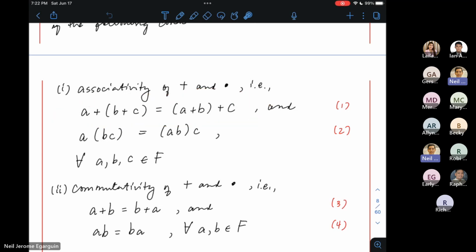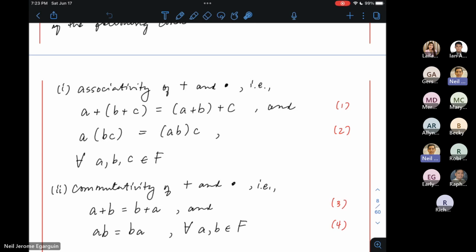Isn't this automatic? Again, this is important because the set F we are using in this definition is not necessarily the set of real numbers. It might not be numbers at all. So pwedeng ang laman niya ay mga apples, mga bananas. And then out of the blue we define addition and multiplication on them. So it's really important that we lay out all these properties.